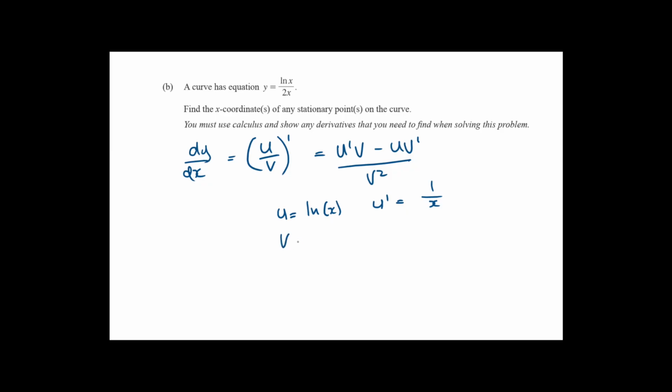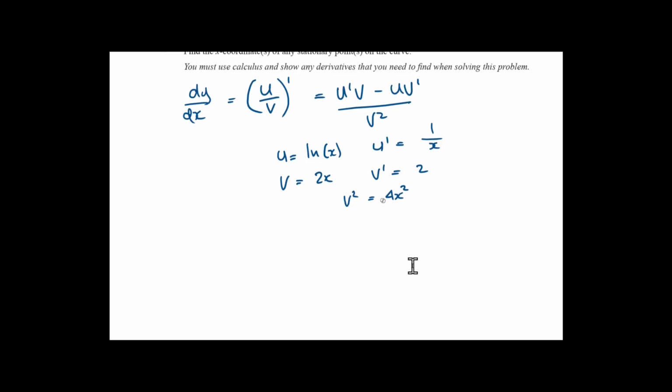And then v is 2x, so therefore v prime is going to be 2, and v squared is going to be 2x times 2x, so it's 4x squared. All right. Now let's combine them.